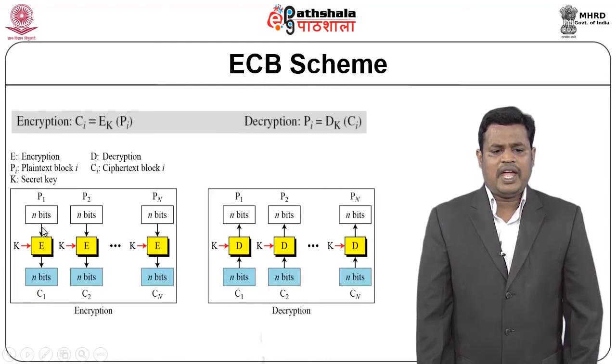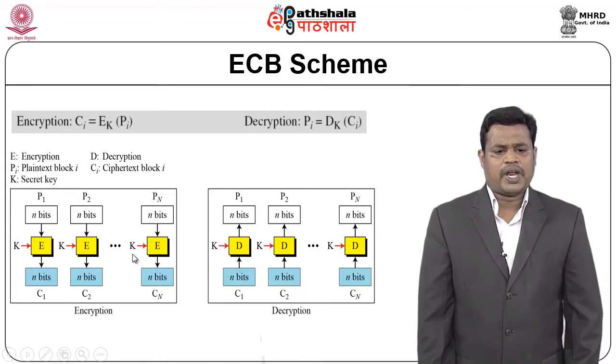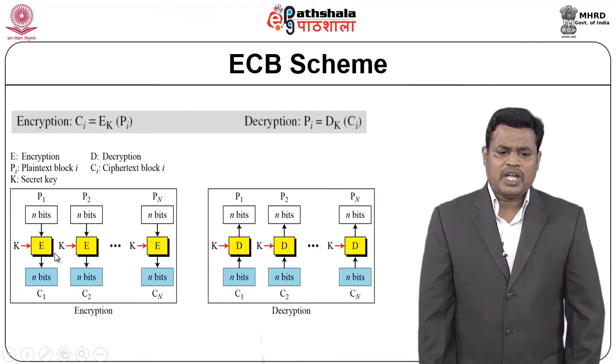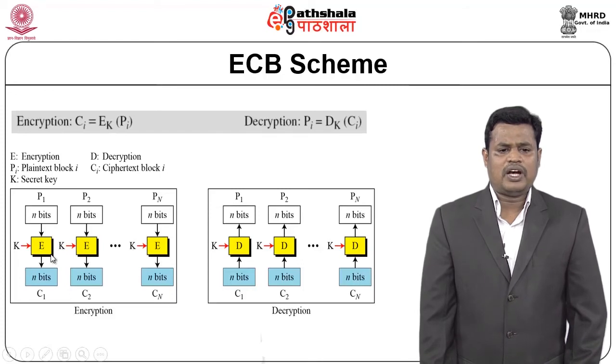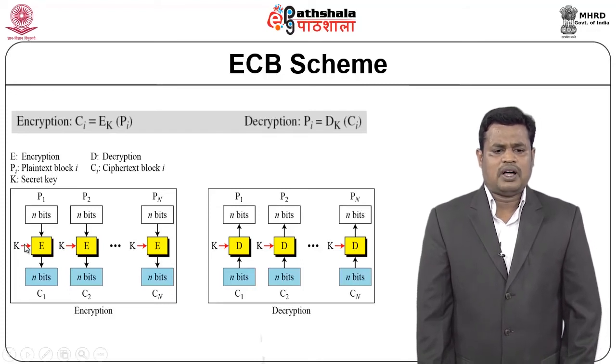Each n-bit block enters the encryption process, and we can observe that only the plaintext varies, whereas the key is the same. This is what we say in modes of operation. Here I have a secret key, and we can use any algorithm. For example, in the DES algorithm, the block is 64 bits and the key is 56 bits. Each encryption is independent of the next.